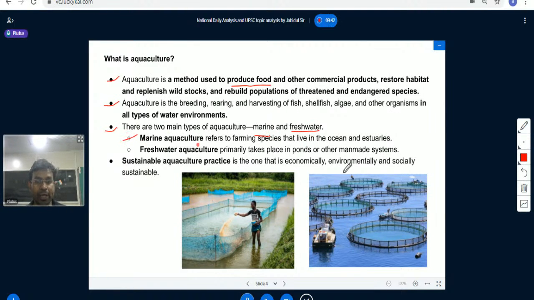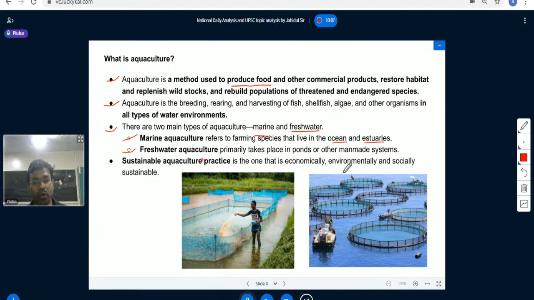Marine aquaculture refers to farming different species that live in the ocean and estuaries.